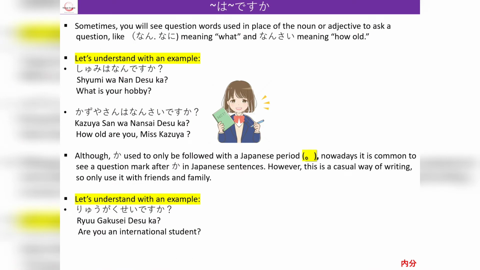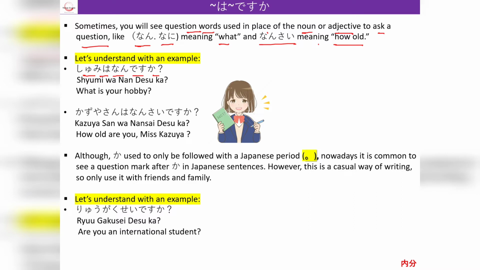Friends, we can use question words as well in place of a noun or adjective to ask a question, like nan or nani, which means what, or nansai, which means how old. Let me make you understand with the help of an example. Here it is asking shumi wa nan desu ka.